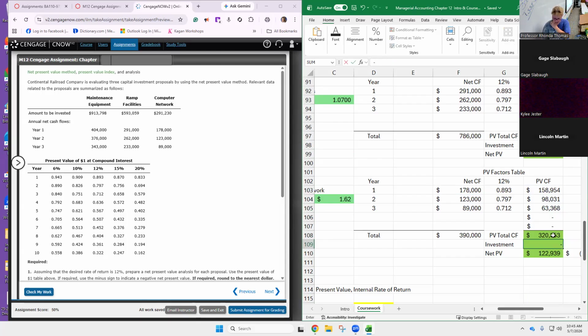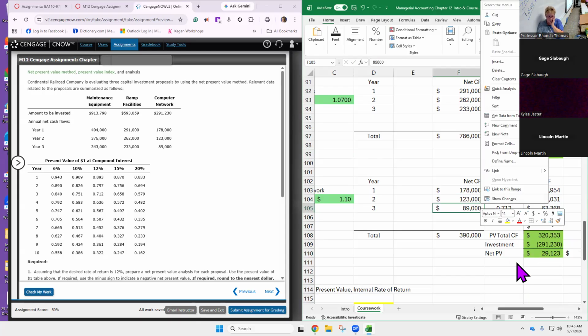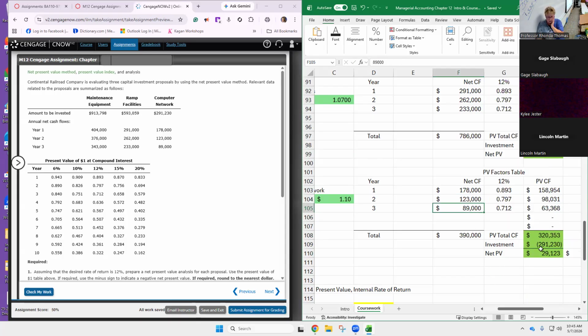Okay, so mine is 291,230. Okay, so if everything is calculating okay, this is also a net present value that's favorable. It's not as favorable as this one because the higher the number, the better. Okay, the higher, the more favorable.